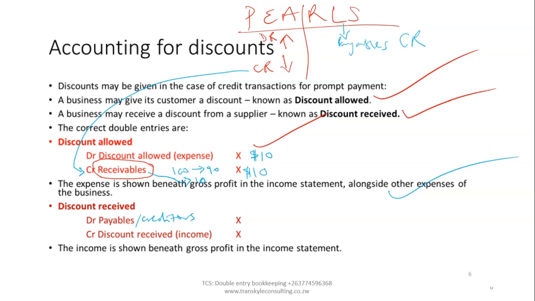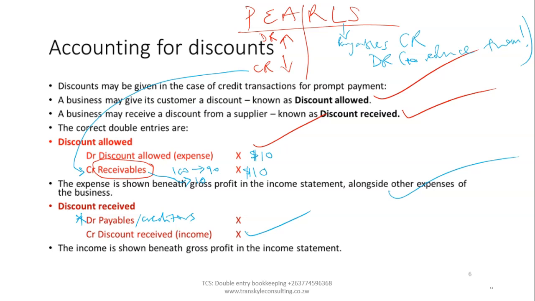They've got a credit balance. But when we want to reduce them, we have to debit. We debit to reduce them. So this is why we are seeing here debit payables for creditors, and credit discount received. Because discount received is income.